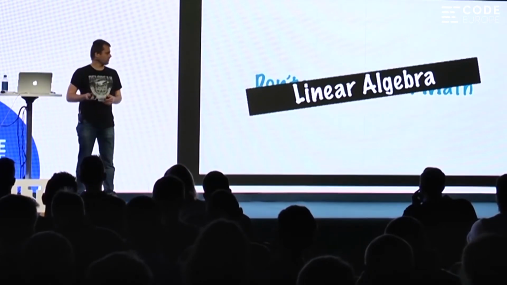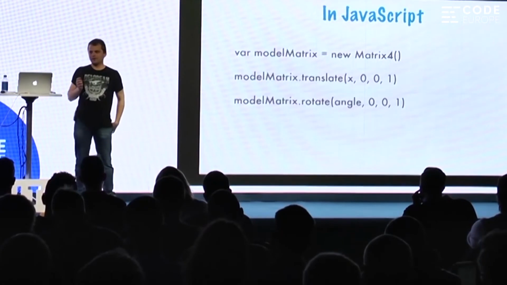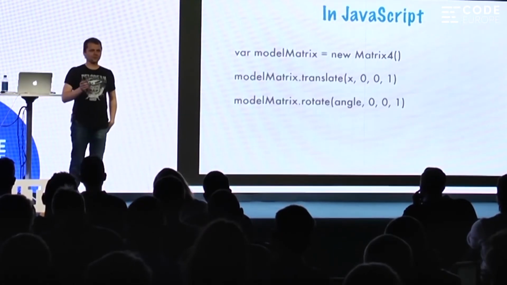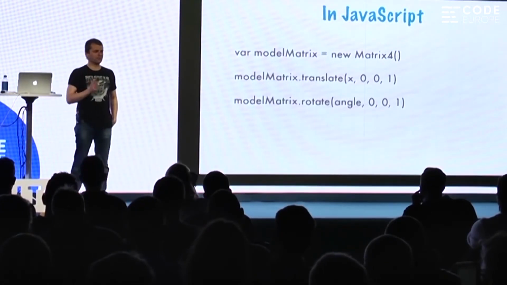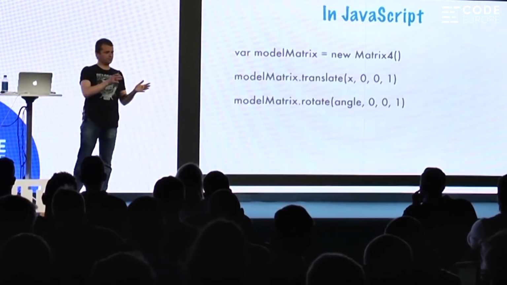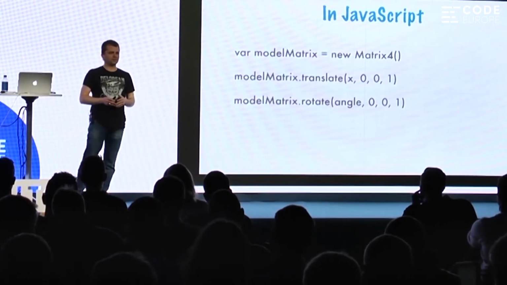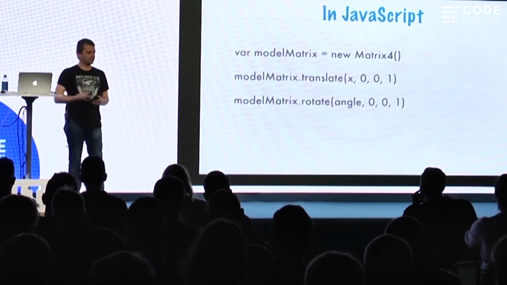So the key is to find a nice JavaScript library that's going to help you think of the transformation and treat the matrix as a black box. So the things you want to call on the matrix are like translate by these pixels and scale by, I don't know, 2 and things like that.